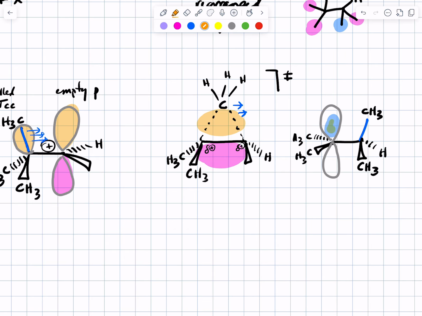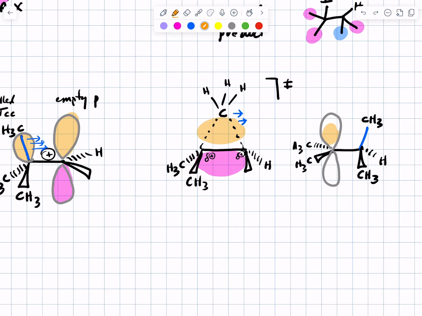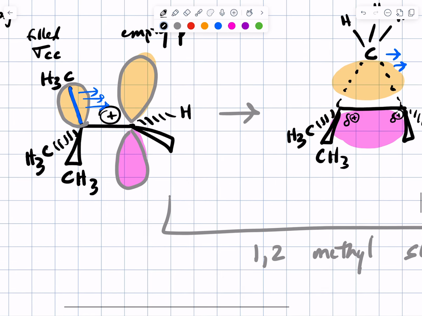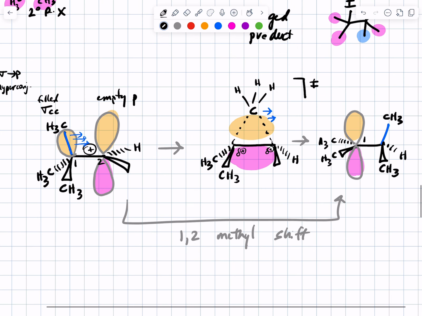Oops. Yikes. That's called carbocation rearrangement. And this process overall is called going through a 1,2 methyl shift, because the methyl group, we're going to say, was on carbon 1, and afterwards the methyl group is now on carbon 2.